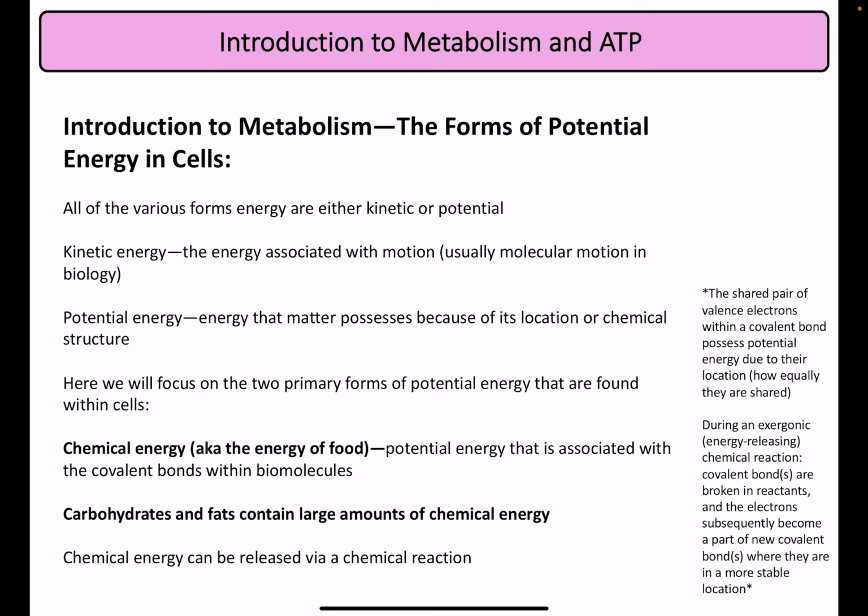So in biology, we're talking about living things which are made up of cells. And they primarily use 2 different forms of energy. And those are chemical energy and the energy of steep electrochemical gradients, which we learned about in our discussion on membranes. Now, those obviously aren't the only 2 forms of energy.